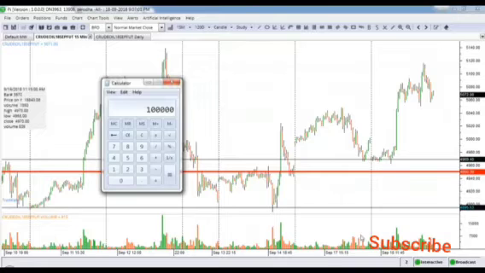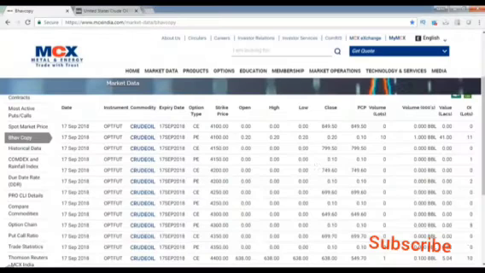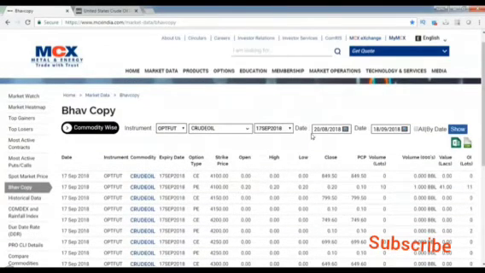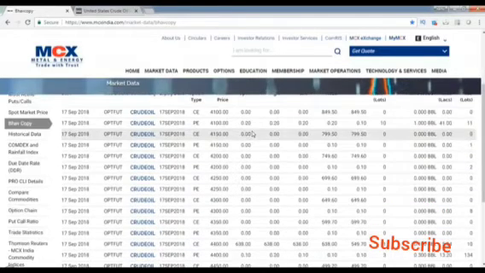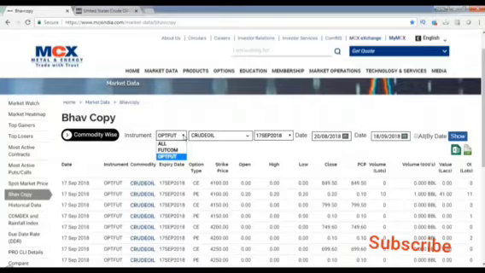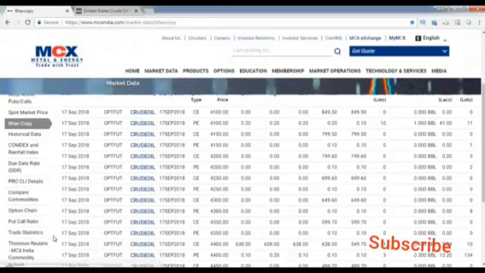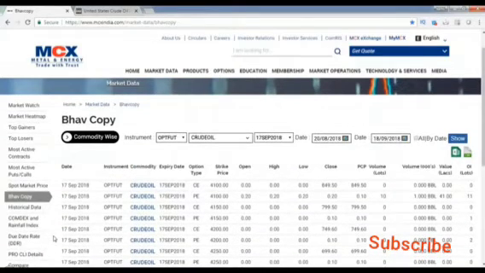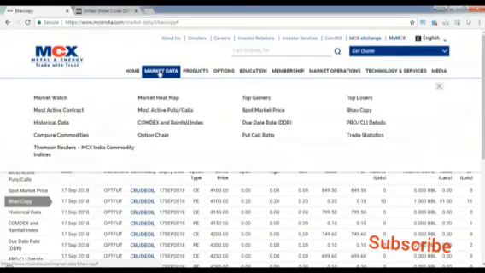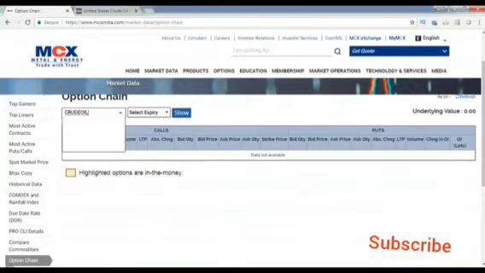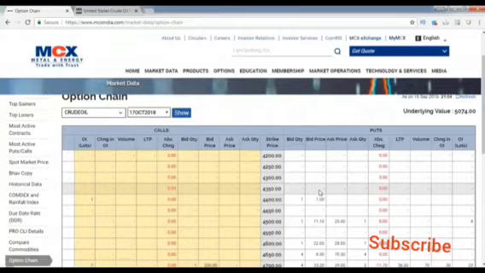Now, more or less, this works in a similar way. The only problem is that if we look at options, the reporting is not that great. So let's look at the put call data.